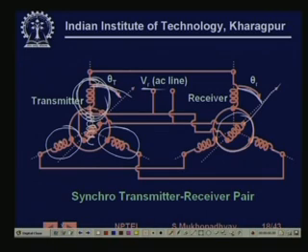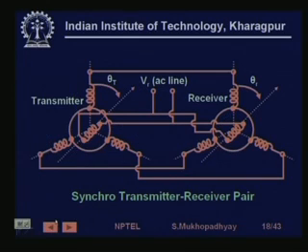So if you move the rotor of one machine, the rotor of the other machine will move by an equivalent amount. By this you can transmit a motion command, right. This is what happens in a synchro transmitter receiver pair. This is not exactly sensing, but it is one way of transferring a motion command which is also used in control systems.